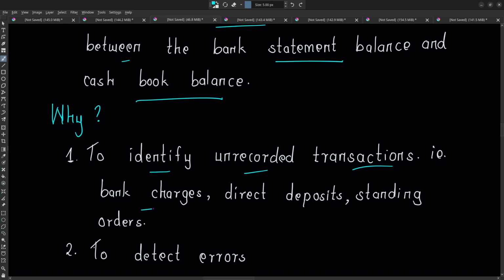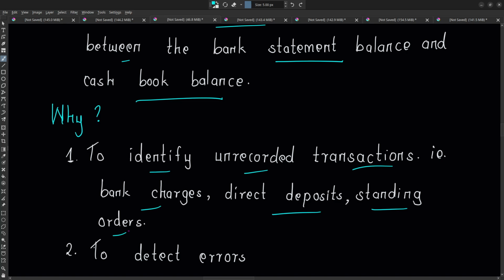As mentioned, you might have not recorded your bank charges. There may be a customer who did a direct deposit that you were not aware of. Now when you look at the bank statement and the description, you understand, okay, this was the payment from this and this. Then a standing order that you missed. So you make sure you identify any unrecorded transaction.